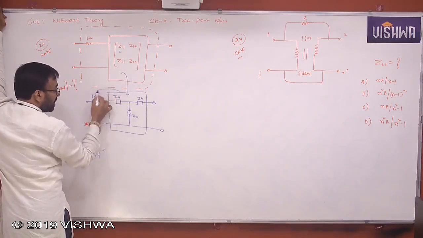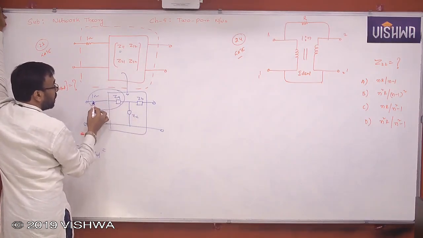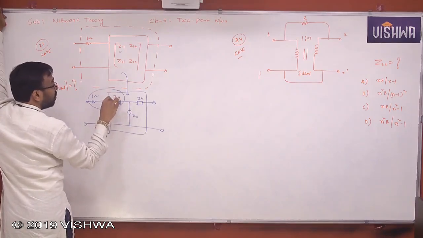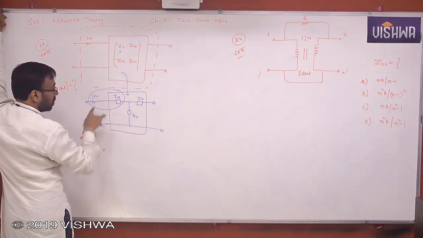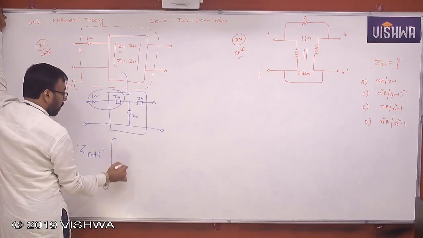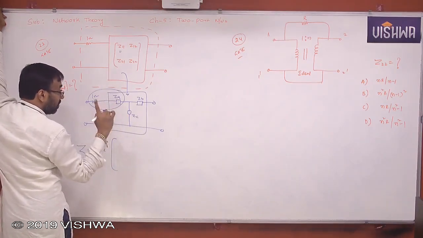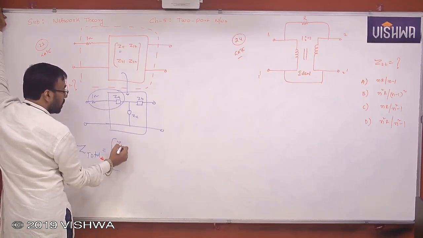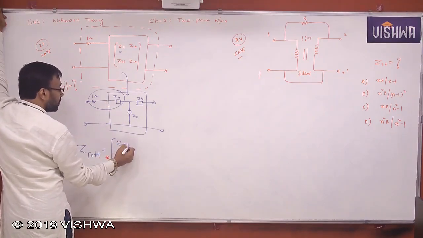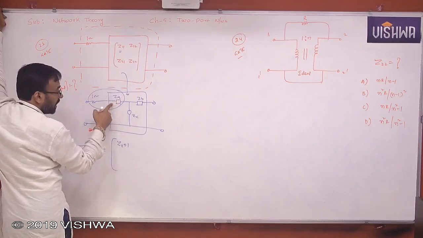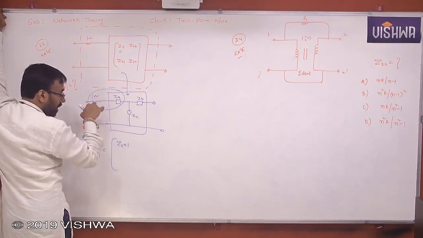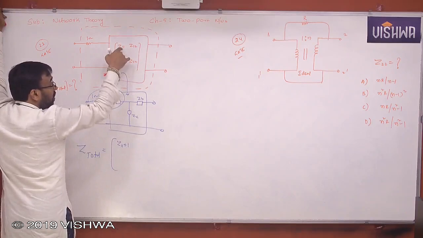Therefore, now this is modified. This will become 1 plus ZA, which is nothing but the ZA in the new overall two-port network. Therefore, only Z11 is getting modified. Therefore, Z11 plus 1. Z11 was ZA plus ZC, but now it is becoming plus 1. Therefore, Z11 plus 1. What is Z11?